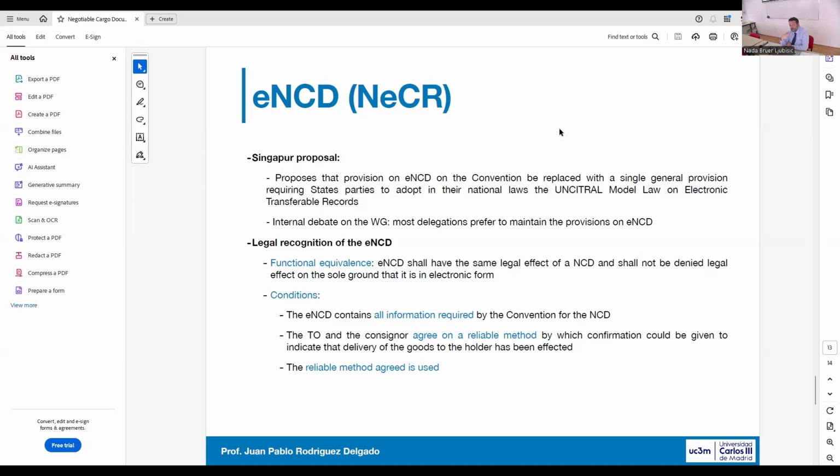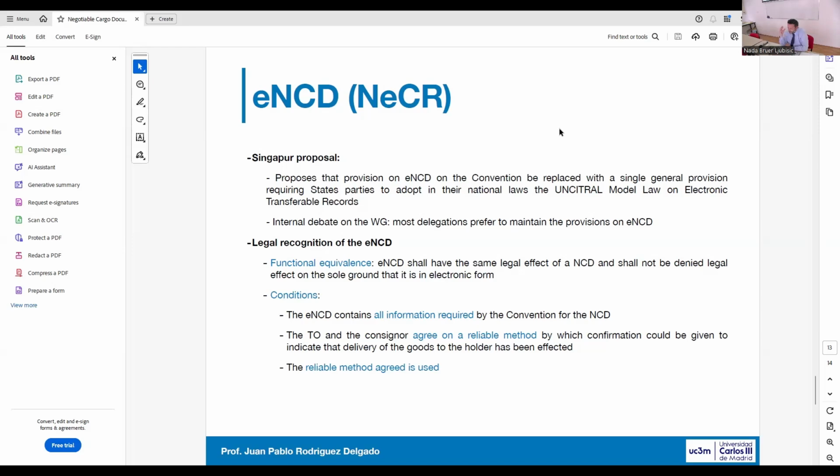There is an internal debate in the working group, and most delegations prefer to maintain the provision on electronic negotiable cargo documents, under the idea that in 2024 and probably 2025, when the convention is approved, if we are not dealing with electronic records, with electronic documents, what are we doing? We are creating a convention for paper documents in 2025. It's quite difficult to sell this idea to society.